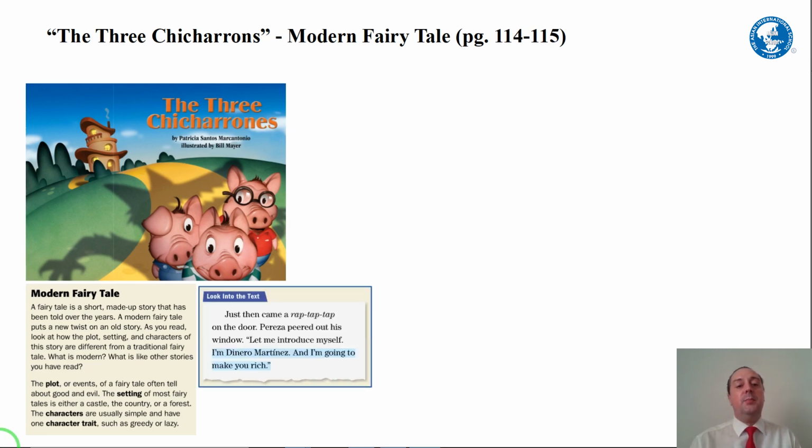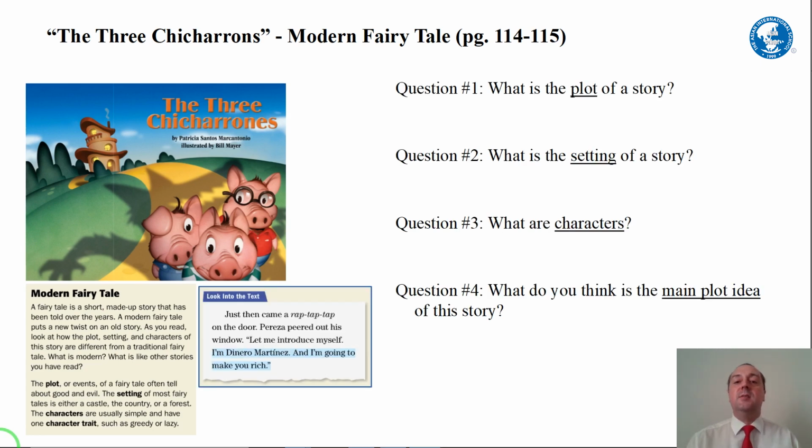Okay, here's a little bit from the text, and here's some questions for you. So before we read, we want to know, what is the plot of a story? What does that mean? What is the setting of a story? What are characters? And then what do you think is the main plot idea from this story based on this part of the text? Pause the video and answer these four questions.